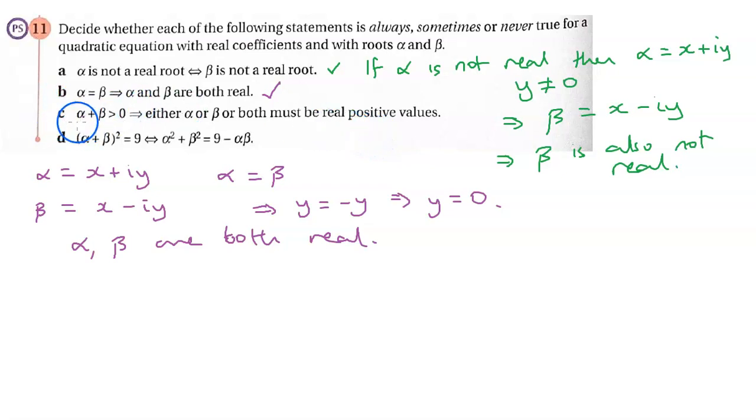Okay, part C. Alpha plus beta greater than 0 implies either alpha or beta or both must be real positive values. Well, this greater than 0 thing here, this inequality, it only really makes sense if we're talking about real numbers.